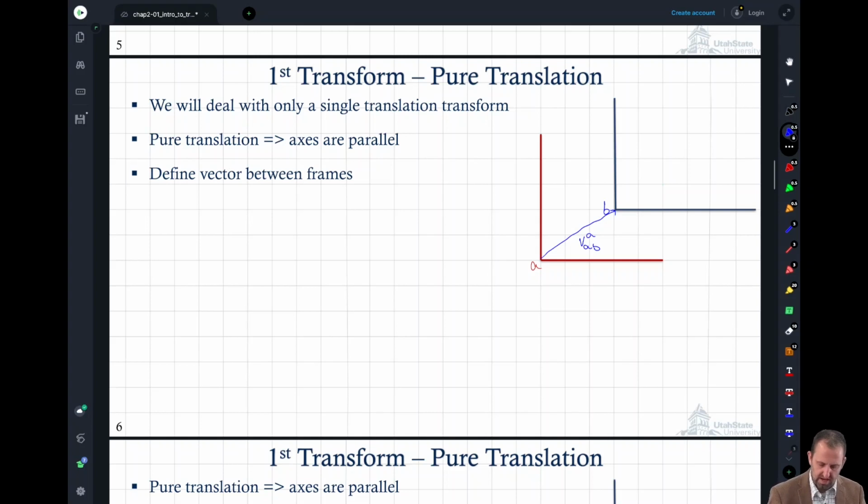So let's write this down. I'm actually going to switch my notation just a tiny bit. I'm going to call this I and B, just to match what I have in my notes. So we'll say that's I, and this is going to be our inertial to our body defined in our inertial frame.